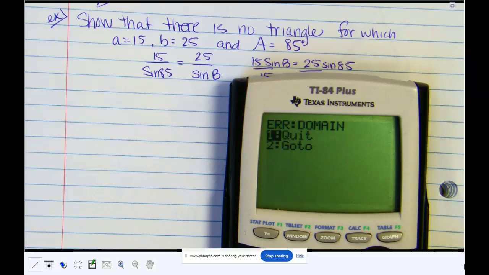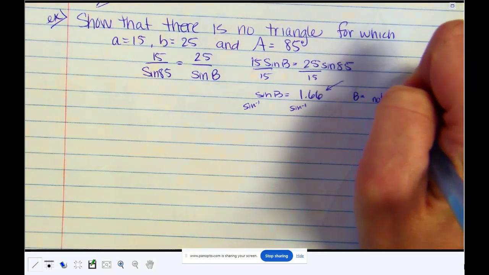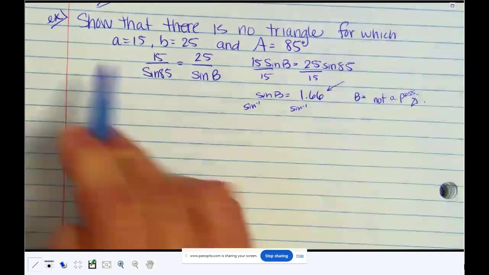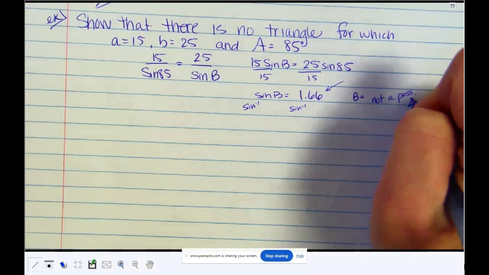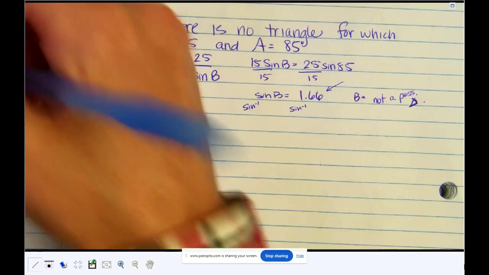Okay, so this is not a possible triangle. So that's what happens. If you're working away and this didn't work out because it's not possible, that's one of the potential things that happens when we have side-side angle. So this is the no triangle one.